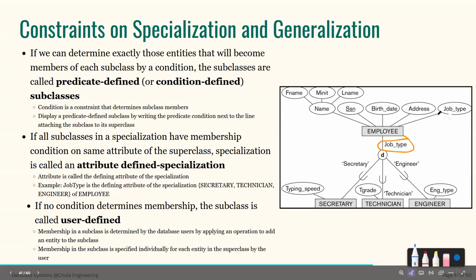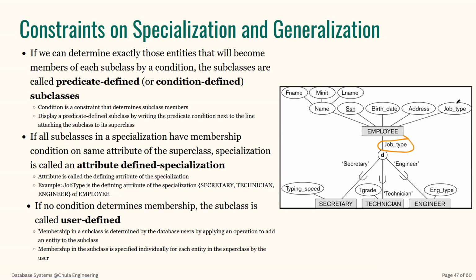If you take a look at the diagram here, I say that I will know it from job type. So job type is actually one of the attributes here, right? But if I want to model such that job type determines the subclass, I will write down job type along the line from employee before it reaches the subclass.